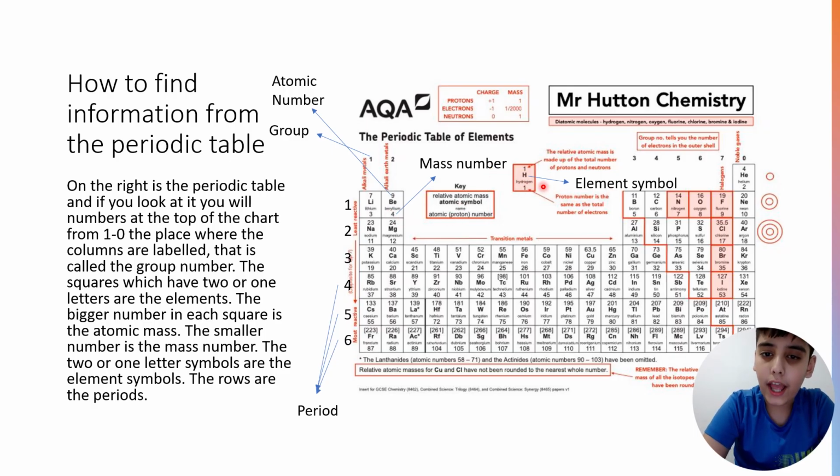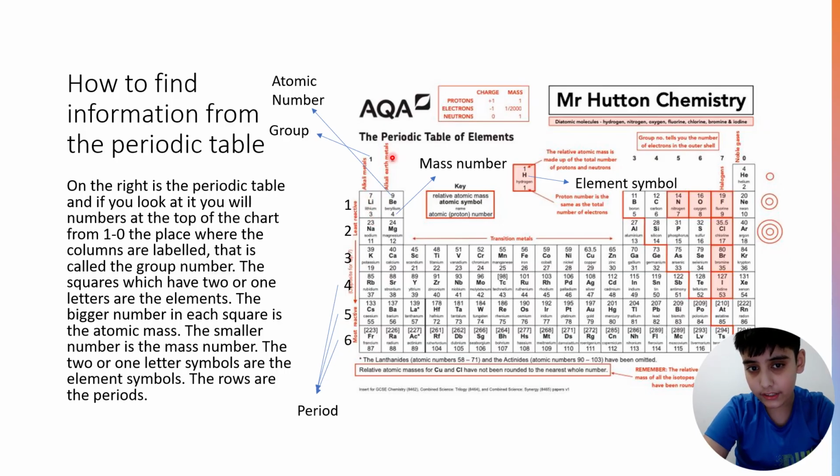As you see here, there's an element symbol. This H is an element symbol. These element symbols are short ways of writing the element. The whole element is hydrogen, the short way of writing it is H. Just to shorten it. One thing you might want to remember is that when there are two letters, like lithium right here, Li, only the first letter is capital.